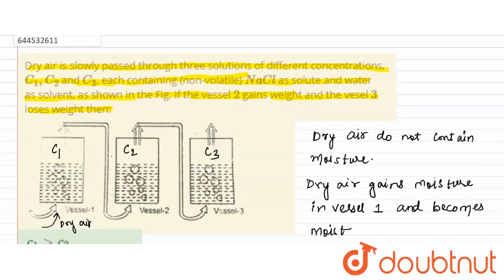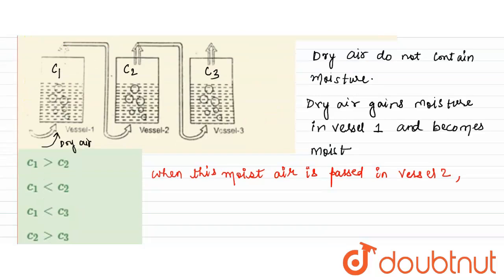It is given in the question that vessel 2 gains weight. So how does it gain weight?